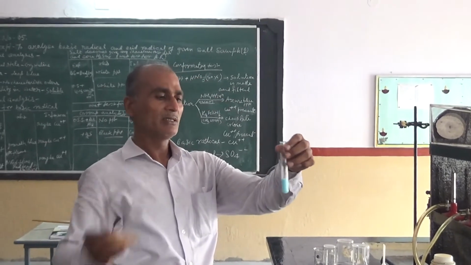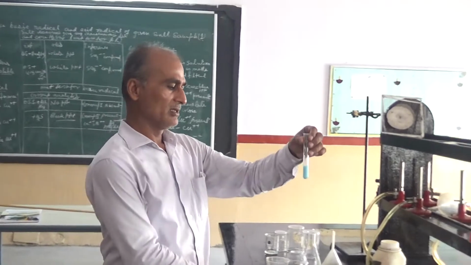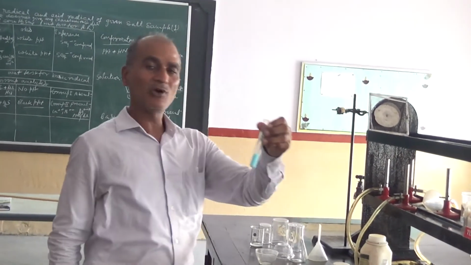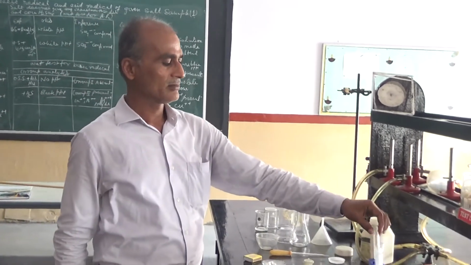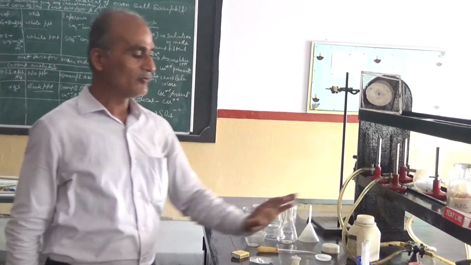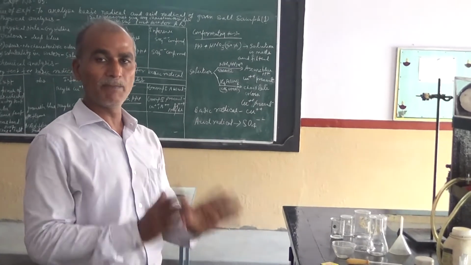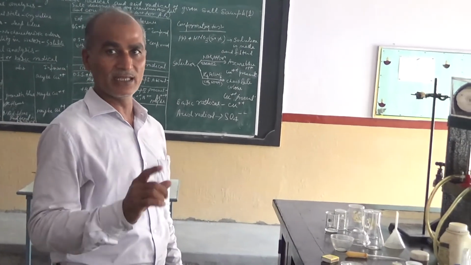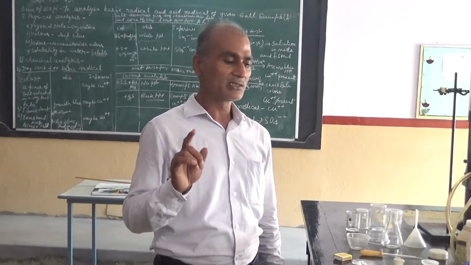Again you can see a white precipitate is obtained. That means our salt is a sulfate salt. In this way we have confirmed that the sample has the sulfate radical, that is, the acid radical of the given salt is sulfate.